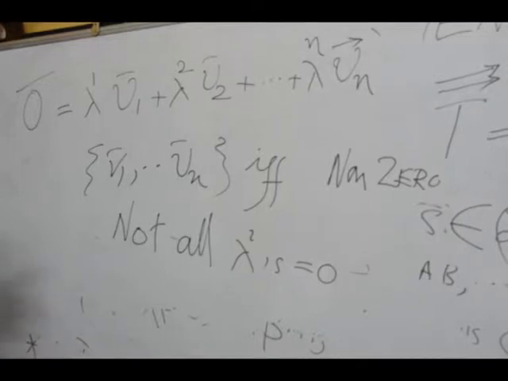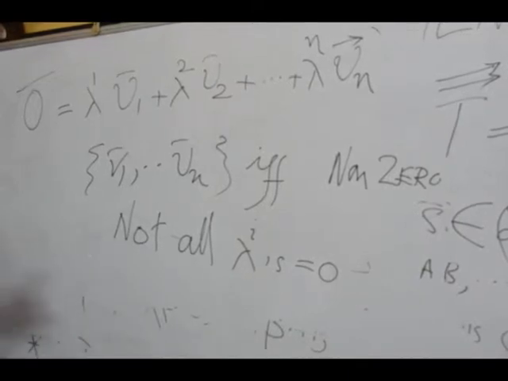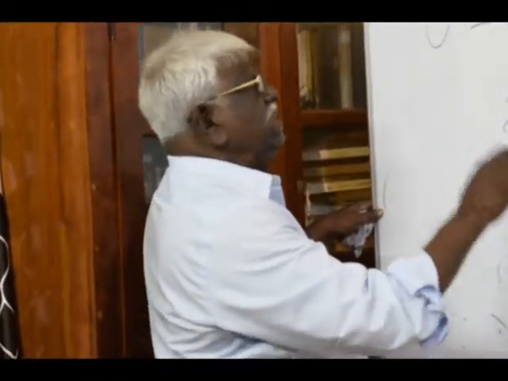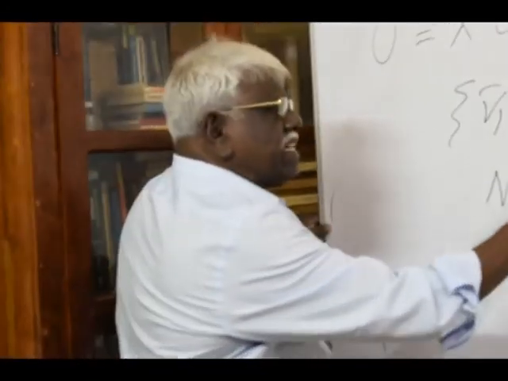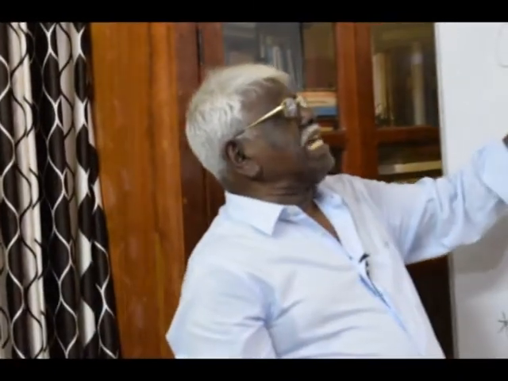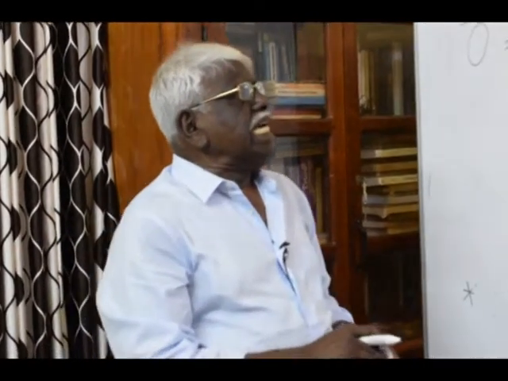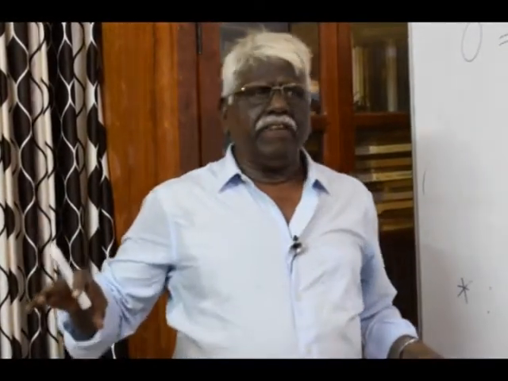And if not all lambda i's are 0, we say that this set of vectors constitutes a linearly dependent set, because any vector here can be expressed as a sum of the other vectors, linearly depending upon them. Now we come to the concept of a linearly independent set of vectors.